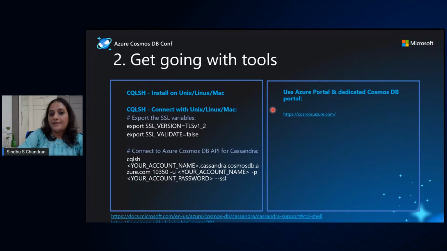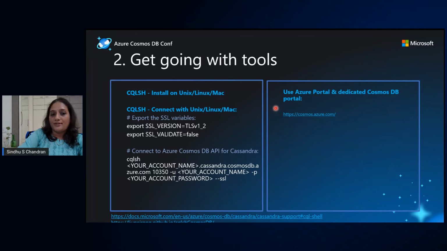And the next step would be to get going with the tooling. And here again, when you were on-prem, probably the SQL just came along and you might not have really bothered setting this up. And currently the Azure portal does not really provide the complete SQL tooling on portal.